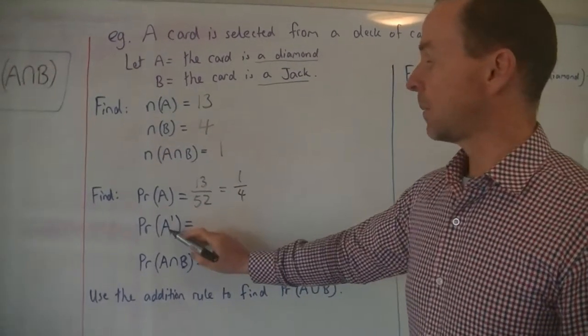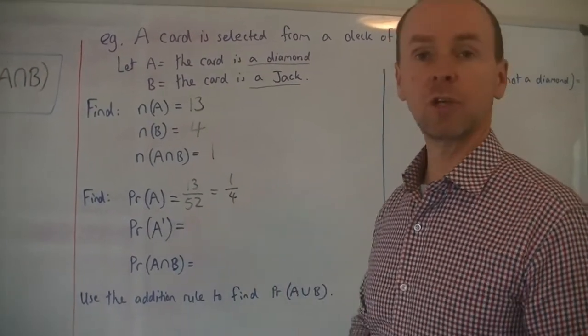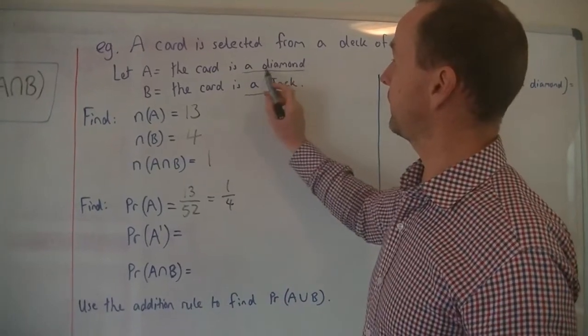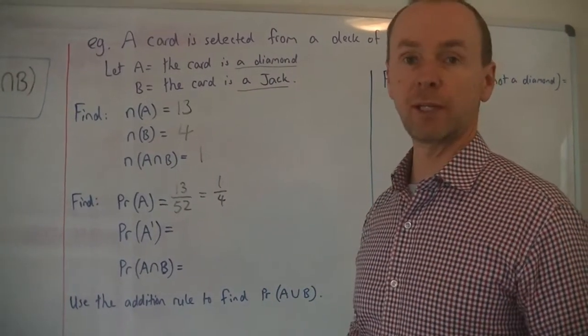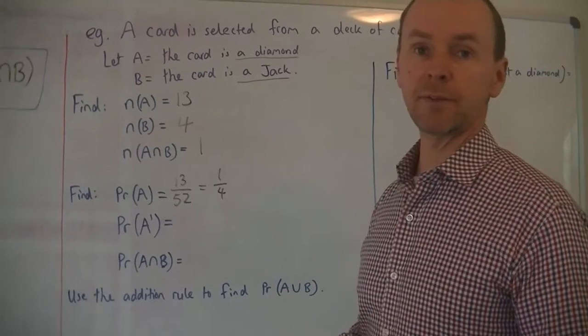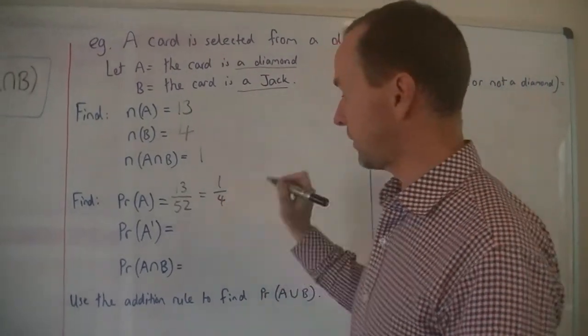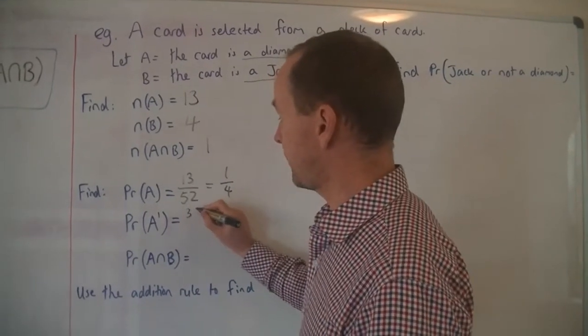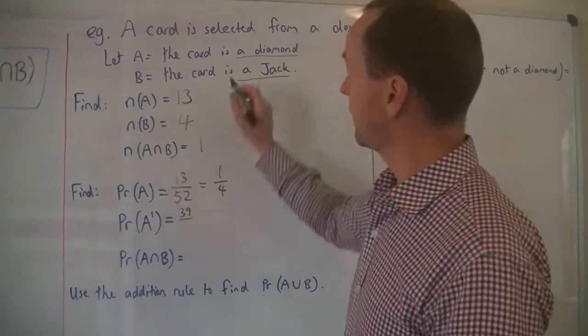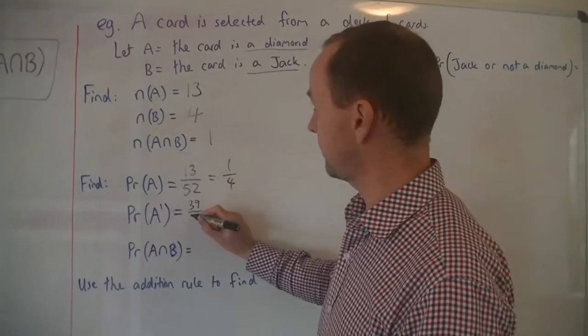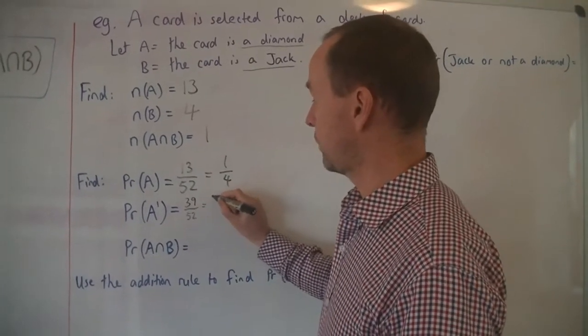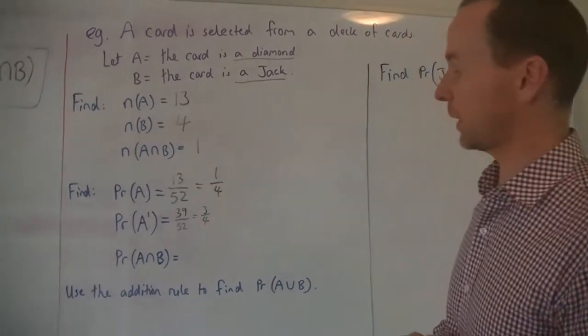Next one, probability of A dash. Now, A is the probability of getting a diamond. There are 13 diamonds. You can do this 2 ways. You can go 52 minus 13, which is 39. So there are 39 possibilities that are not diamonds out of 52, and you can simplify that to 3 quarters.